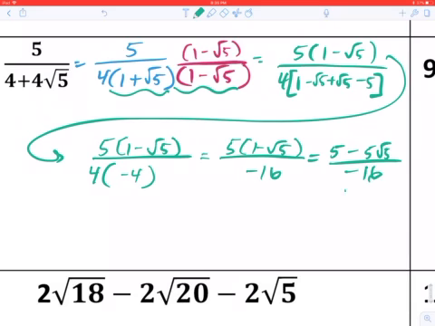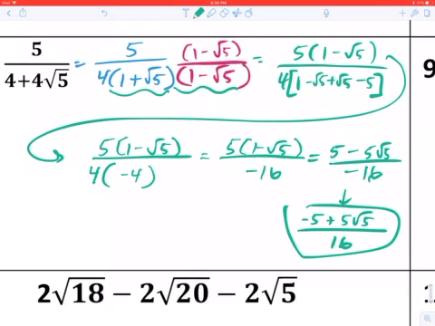And the only other thing I may do here is to move that negative in the denominator into the numerator. So this will become -5 plus 5 times the square root of 5 over 16. And you could switch the order of the numerator if you'd like to.